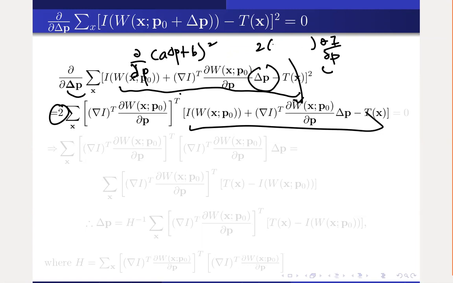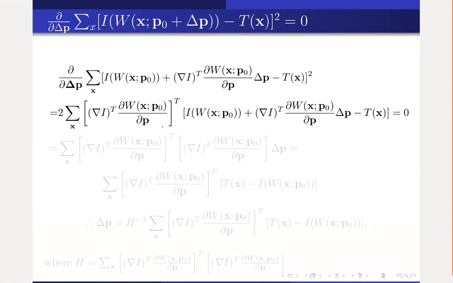So I have A delta P plus B multiplied by the partial of this with respect to delta P, which is just A. So this is this thing multiplied by delta P, right? That's this A here.